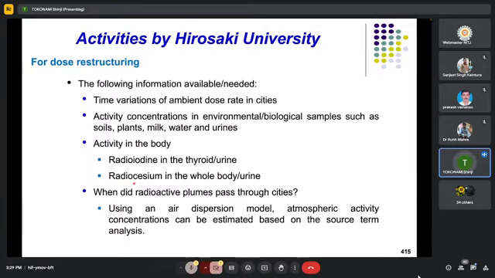When did the radioactive plume pass through cities? Using an air dispersion model, atmospheric activity concentration can be estimated based on the source term analysis.